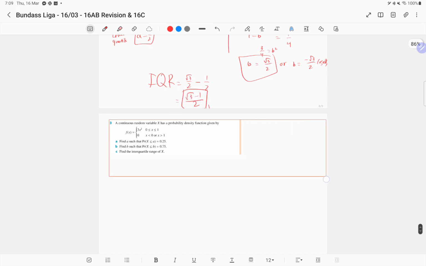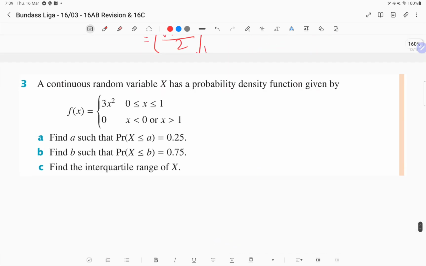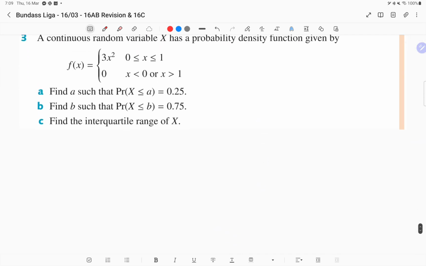Okay, question 2. Find A such that the probability of x less than A is 0.25. What is A? What's the meaning of the value A here? Yes, the lower quartile.